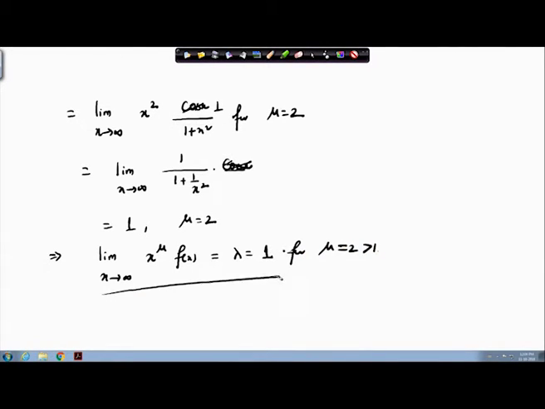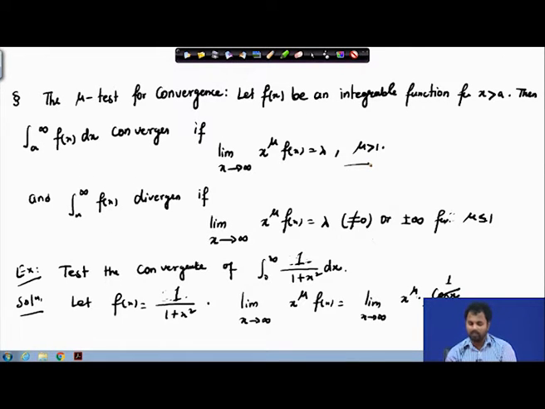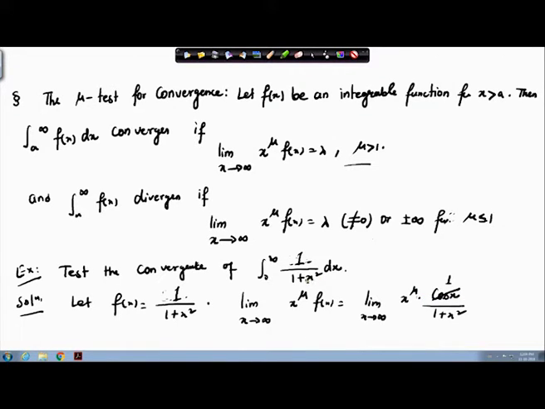Having this limit, which is of course finite, for mu equals to 2, which is greater than 1, we are able to apply this mu test. I just wanted to show you with a simple example. Having cos x would complicate it a little bit, so let us not go there first of all. If I have 1 by 1 plus x square, we have already worked out this example several times, but I would like to show the application of the mu test here.